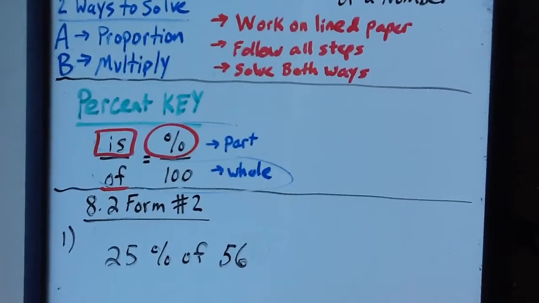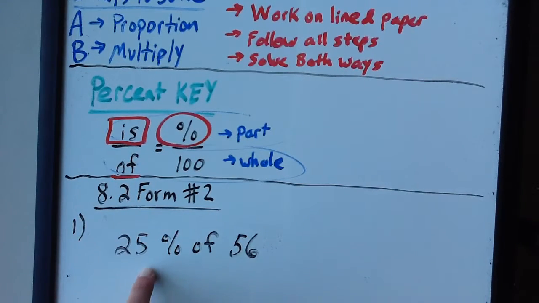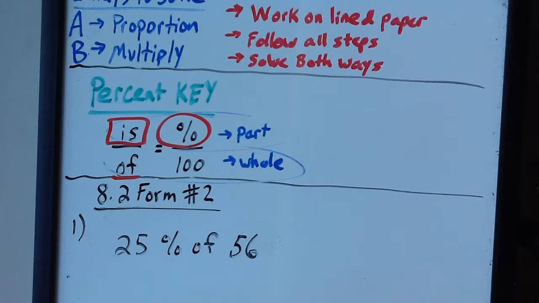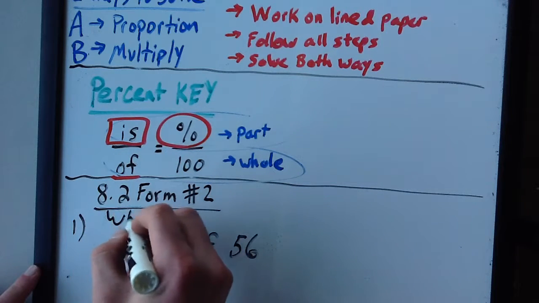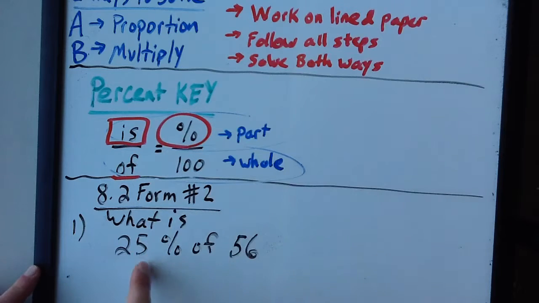So on 8.2 form number 2, this is number 1. We want 25% of 56. So this is basically asking you, what is 25% of 56? First I'm going to use this percent key to set up my proportion. What number is before or after the word is?